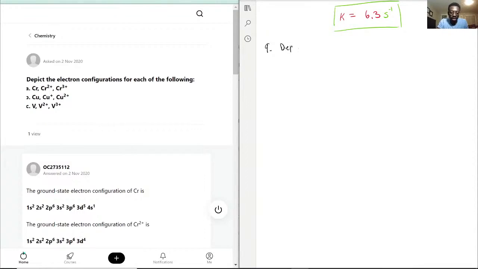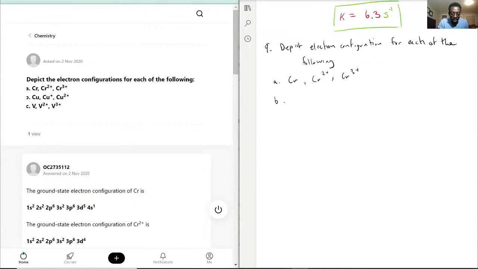So, depict electron configuration for each of the following. I'm just going to write everything down here. So we have A is chromium, chromium 2 plus, and chromium 3 plus.